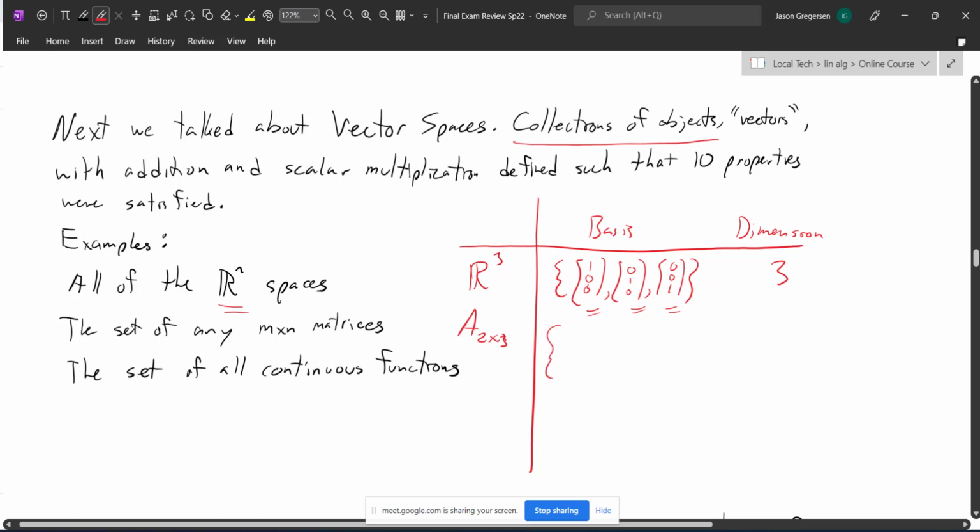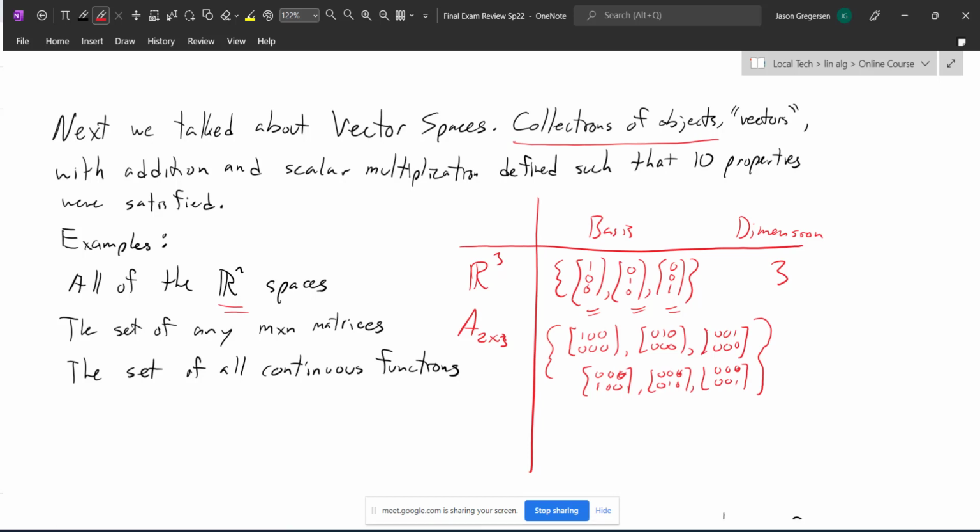An example of a basis for that might be the matrix with a 1 in one position and zeros elsewhere, then another 2 by 3 matrix, and another one, and another one, and one more. If I look at those 6 matrices, I could build any 2 by 3 matrix using a linear combination of those 6 matrices. So in that case, this would be a basis for this vector space.